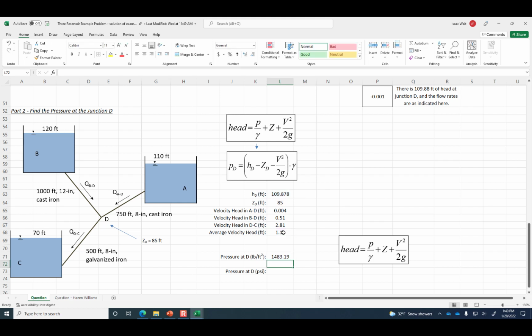Okay, so we've got the pressure at D, and that's pounds per square foot, but if we wanted to know it in PSI, we would take the pounds per square foot and divide by 144. So 10.3 is the pressure there.